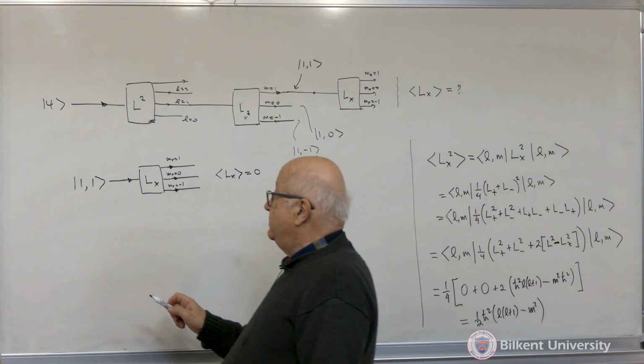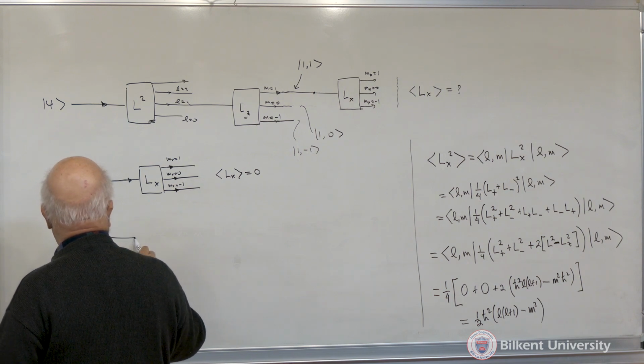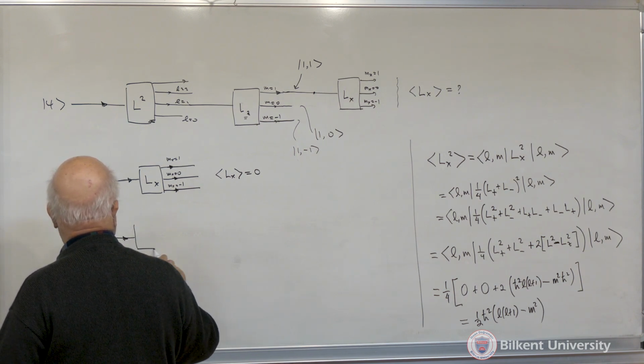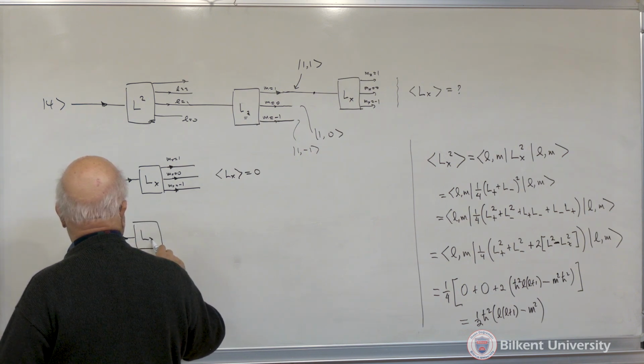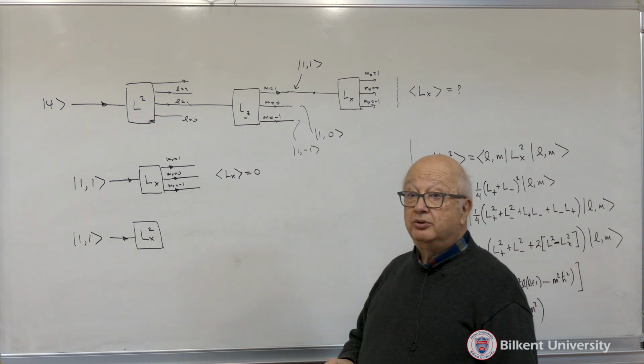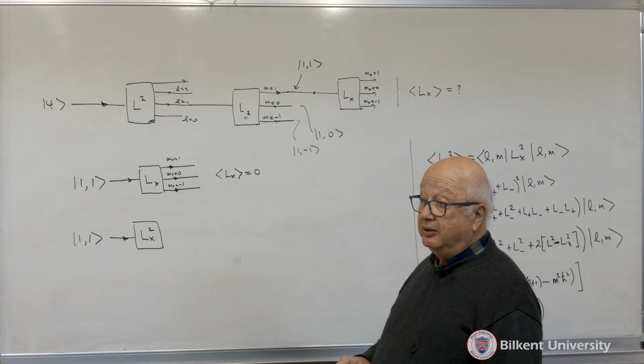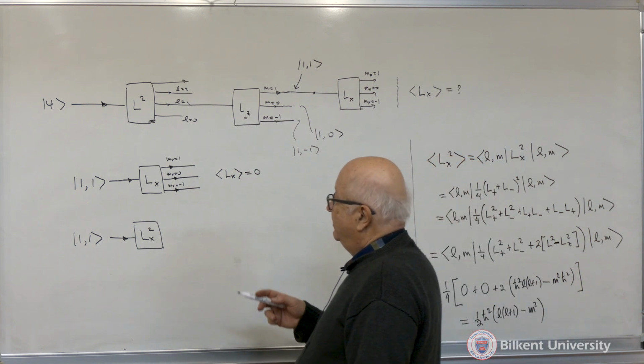Now, what happens if I take the same state, 1, 1, and this time I measure Lx squared? What do I get? 0 and 1 with the h bar squares.